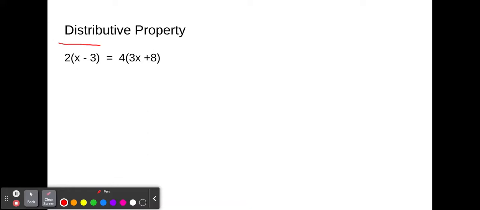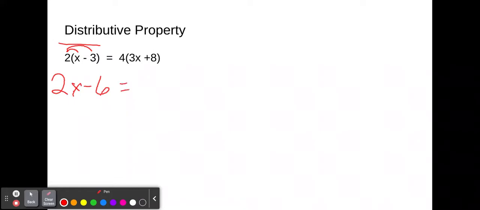Typically the parentheses mean that we're going to do what's inside the parentheses first, but in algebra, a lot of times that means we're going to have to apply what we call the distributive property. So that means we're going to take the 2 times the x and then the 2 times the 3. So that would give us 2x minus 6 as we take the 2 times both of those numbers.